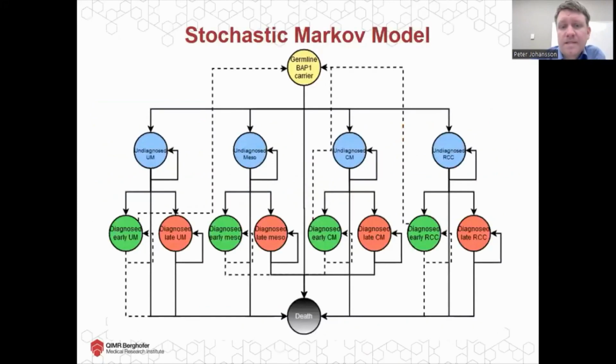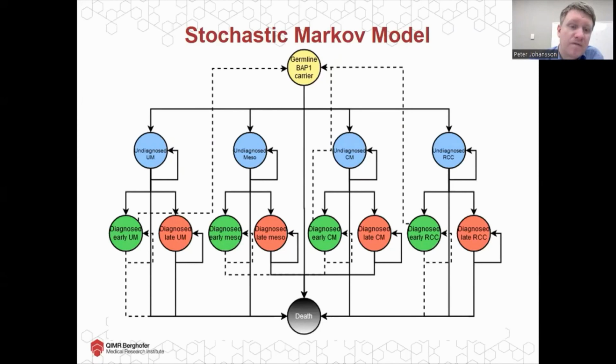And this is a simple sketch of the model where every person starts in the healthy state, indicated by the yellow circle here, and in each time step a person either stays healthy or dies completely unrelated to BAP1, or they develop one of the 4 core cancers here indicated by blue circles.